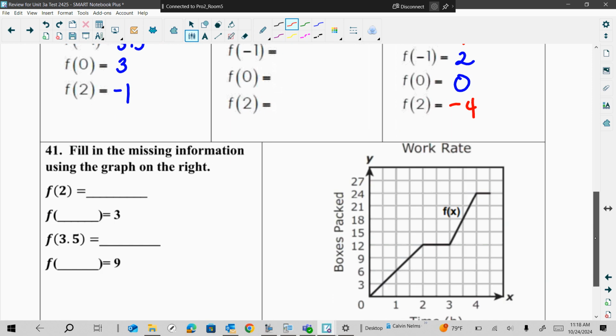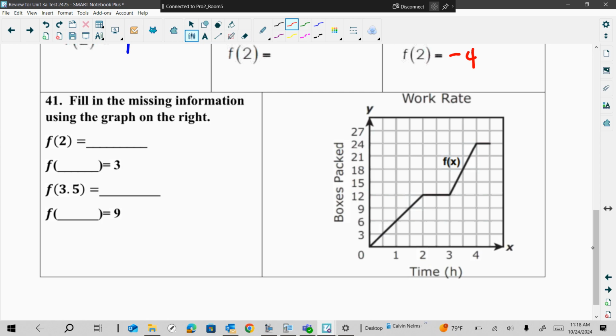Okay, all right. So this is going forward and backwards. Let's put it all together. F of 2 is going to be 12. Here's your 2 right here. Go up. Yes, it's at 12. What is the x when the function is 3?